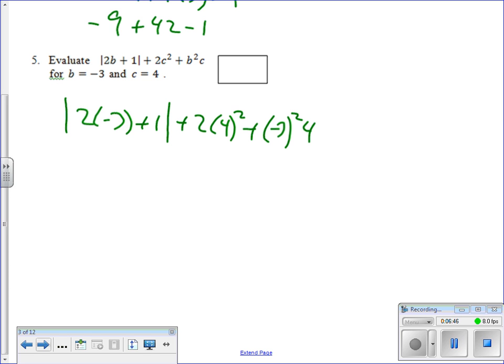Absolute value bars are like parentheses. You do what's inside them first. So 2 times negative 3 is negative 6 plus 1. So I have the absolute value of negative 5 plus 2 times 4 squared. That's 2 times 4 squared is 16.